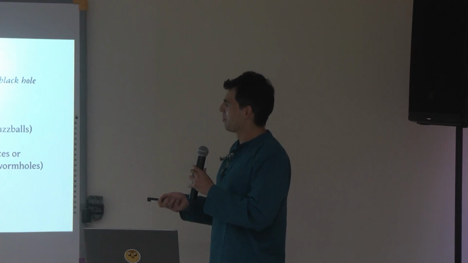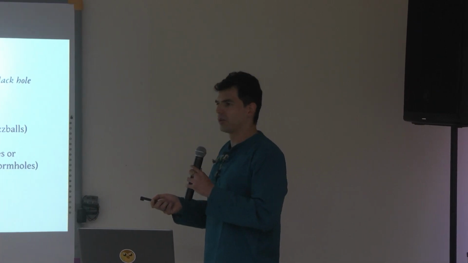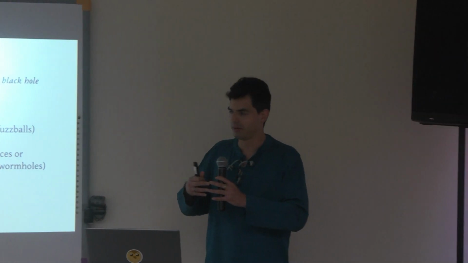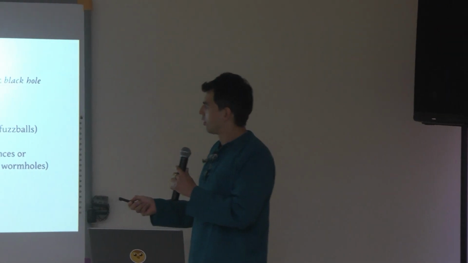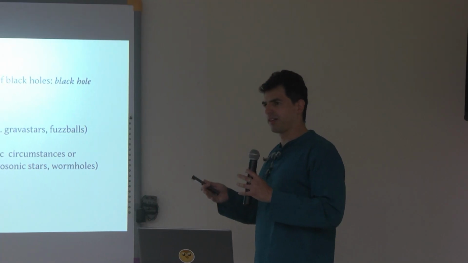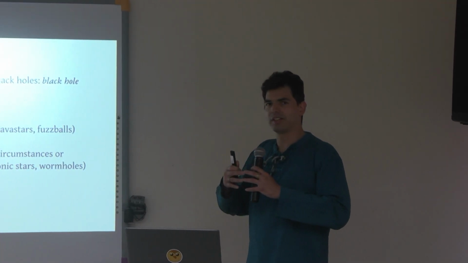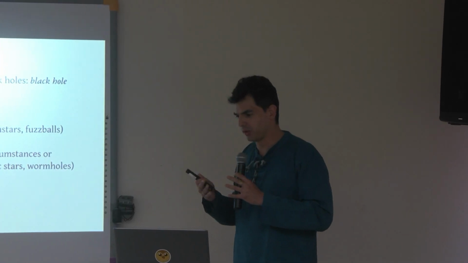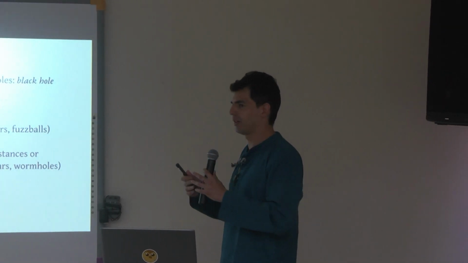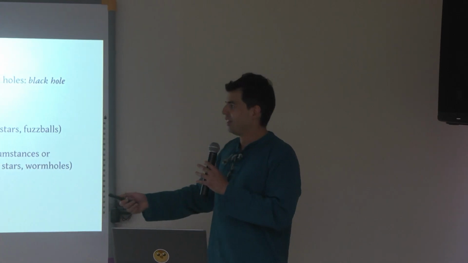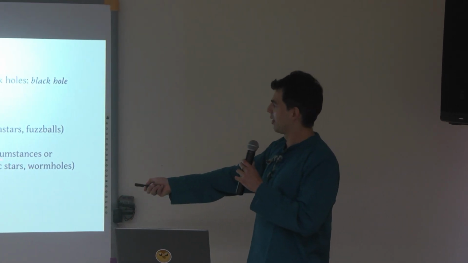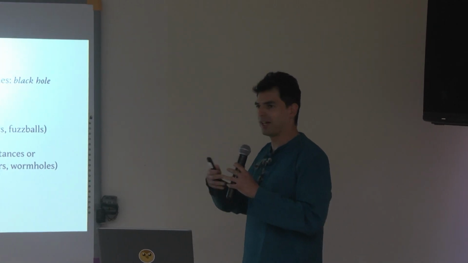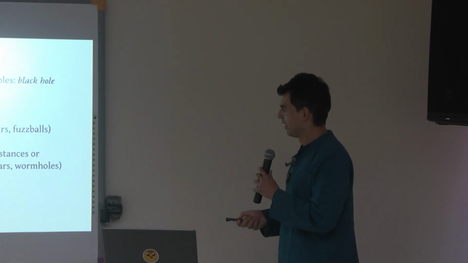Some of them have been proposed to solve problems associated to the event horizons, as I mentioned in the first slide. There are several researchers that consider that event horizons are too problematic, for example, for issues such as the information paradox, and they shouldn't exist at all. So this is the case, for example, for proposals such as gravastars, fuzzballs, black shells, and others.